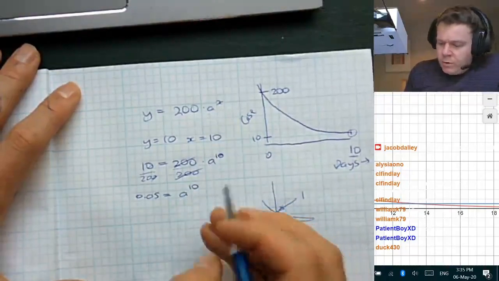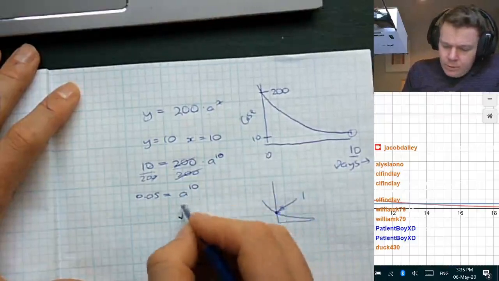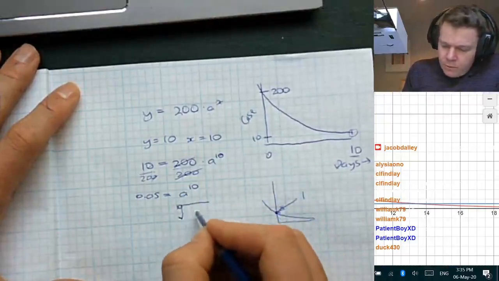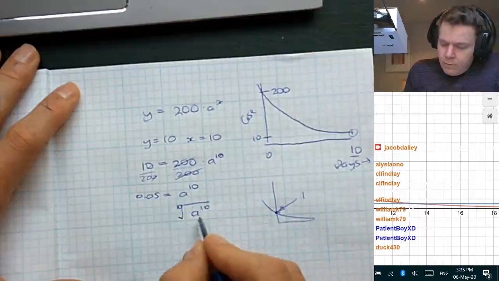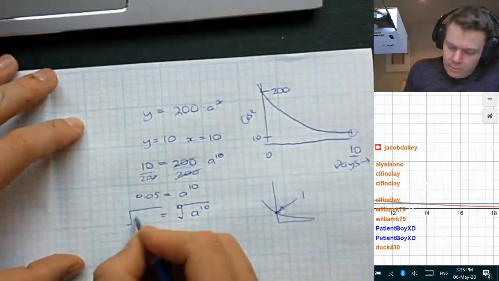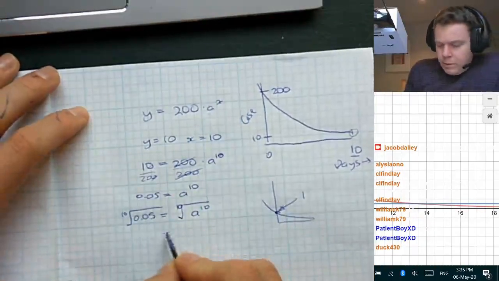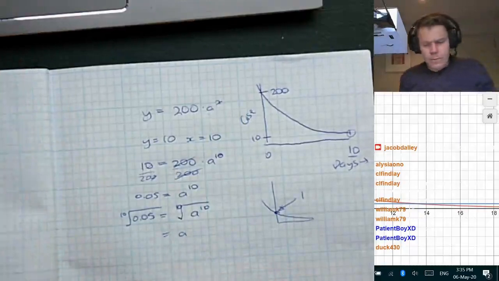And believe it or not, you can do the 10th root. It seems like a ridiculous thing to do. If you do the 10th root on both sides, the 10th root of a to the power of 10 is going to just be a, and the 10th root of 0.05, well, we've got to use our calculator to do that.